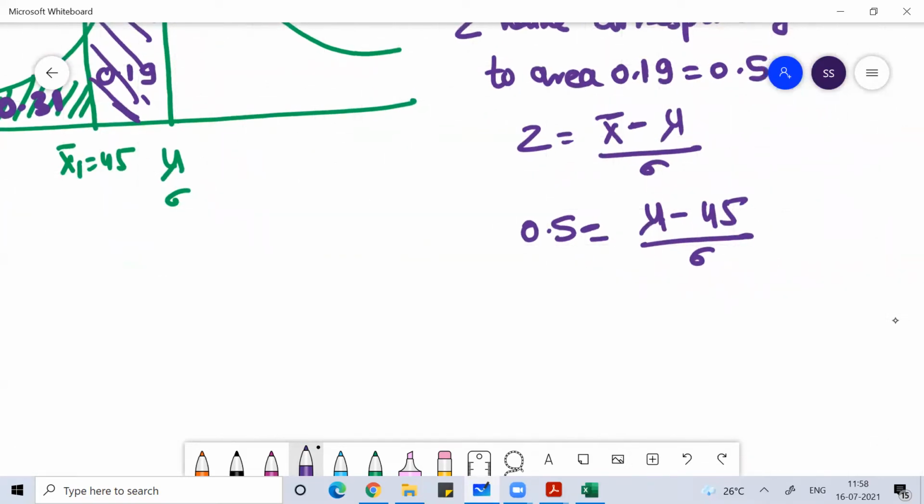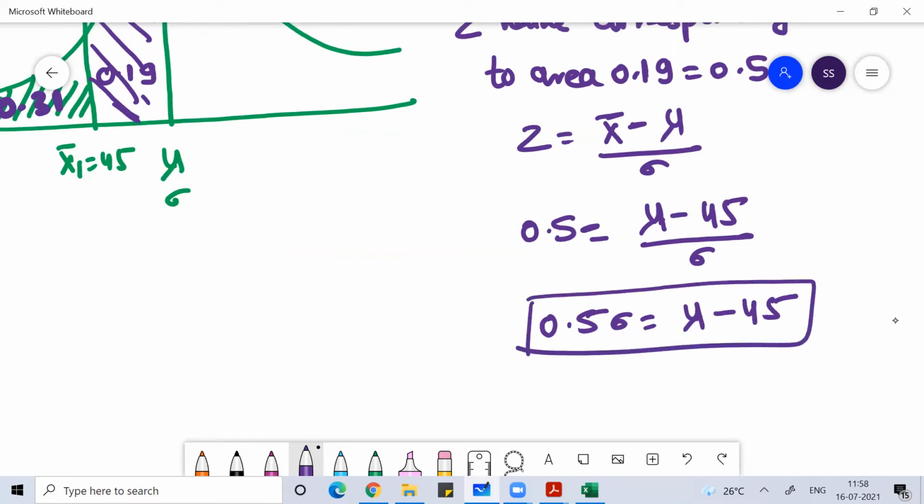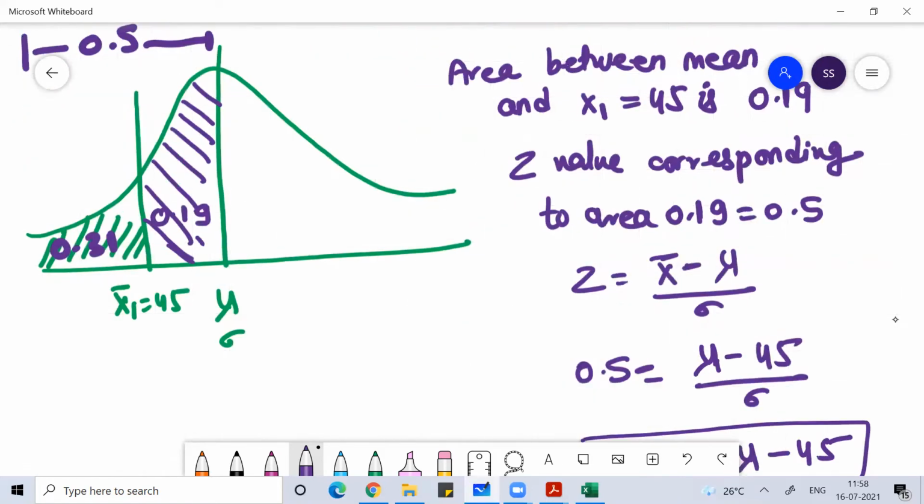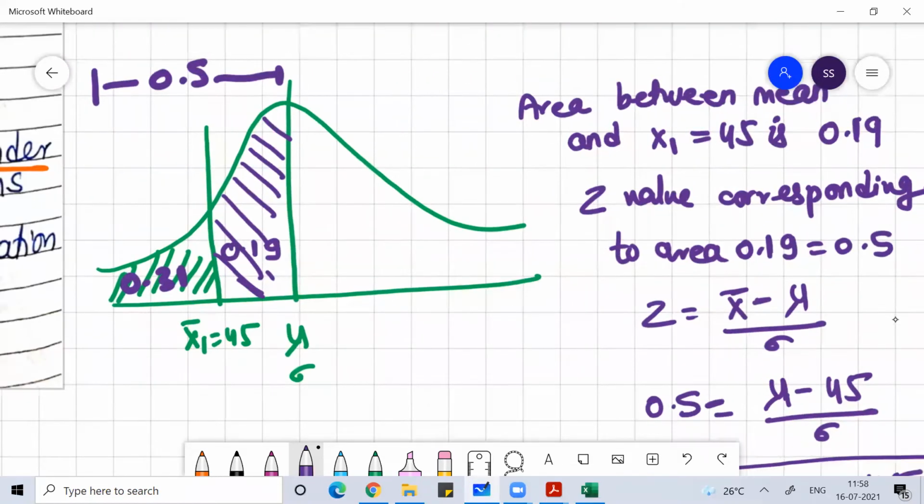I can write this as 0.5 equals mu minus 45 over sigma, which is your first equation. Or you can write sigma is equal to 2 mu minus 90. We'll see the second equation, then on that basis we'll decide. I hope you understood this.